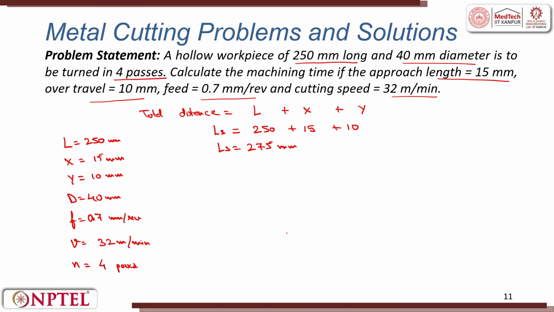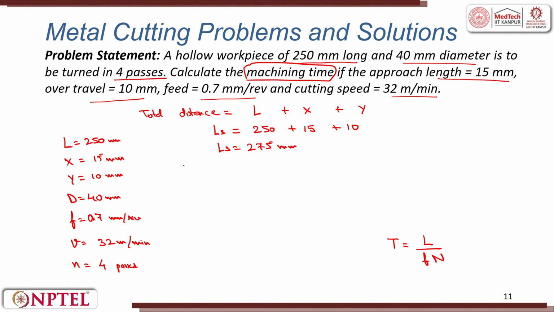Now let us first find the value of n, because the question is machining time, and we know to calculate time we use the formula time is equal to length by feed into the RPM, that is the total length here.